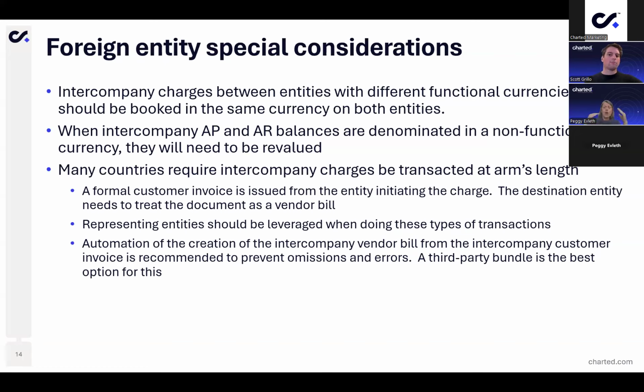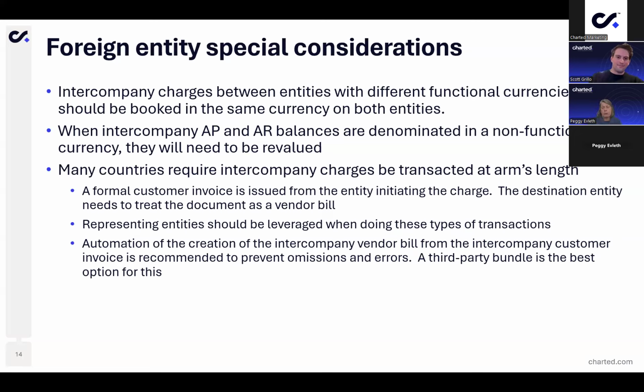And so there was no way to match those up. So the system looked at it and said, well, you still have a receivable of 5 million pounds, even though it's been being paid in dollars. So never settle in a different currency because it will create all.